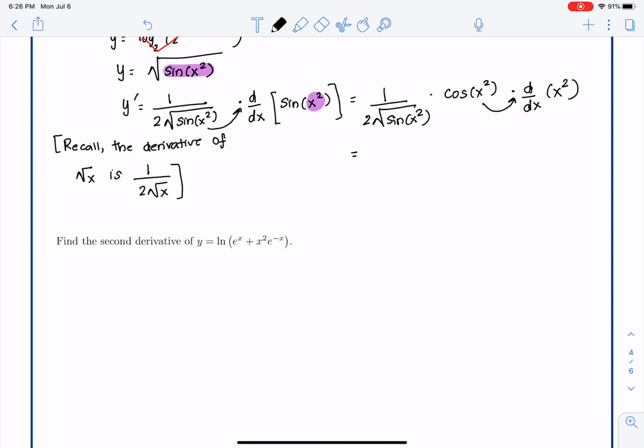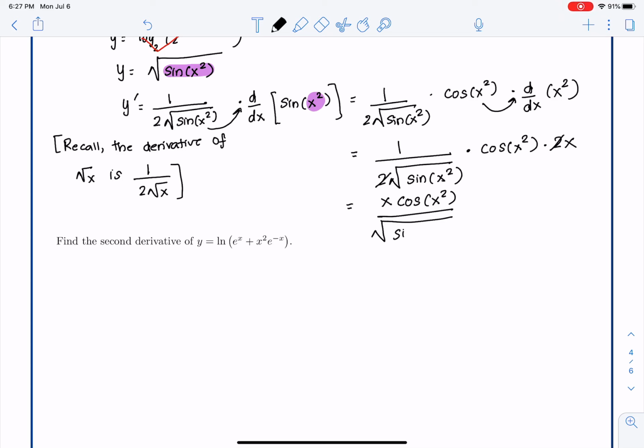So we would have 1 over 2 times square root of sine x squared multiplied by cosine x squared. The derivative of x squared is 2x. The 2 here and the 2 there would get cancelled. We have x cosine x squared divided by square root of sine x squared. And that would be the first derivative of y.